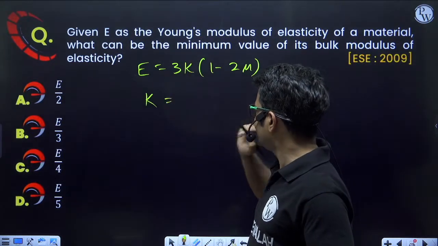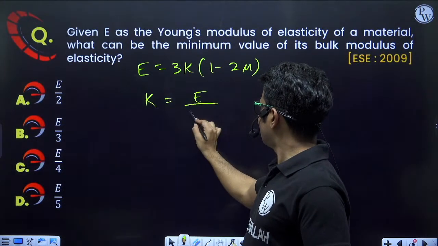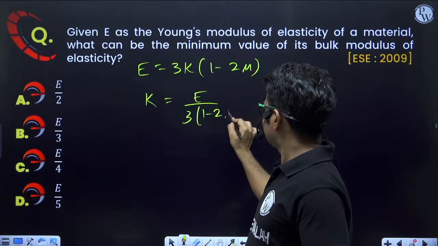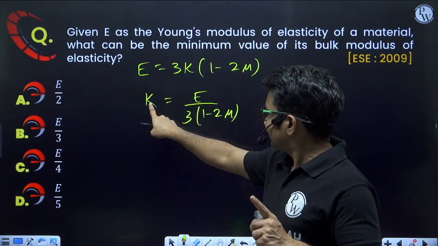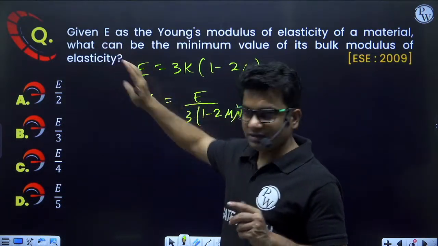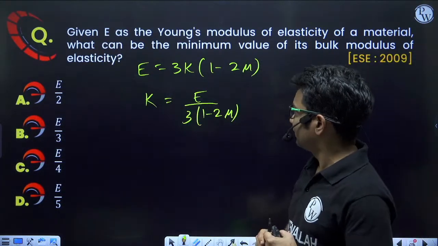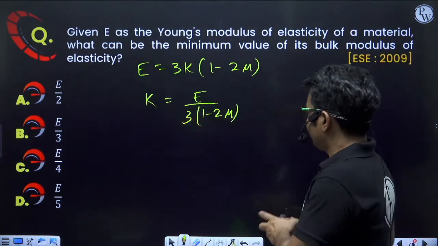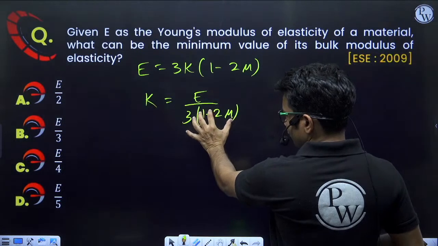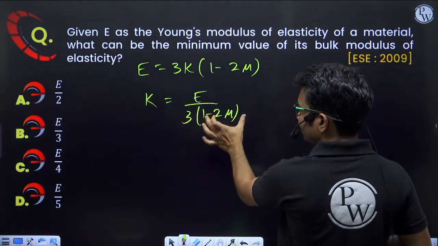K will be E upon 3 into (1 minus 2 mu). Here E is given as constant. Now K will be minimum when the denominator is maximum.